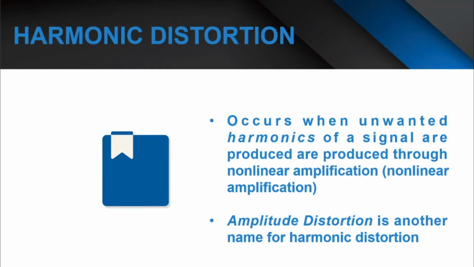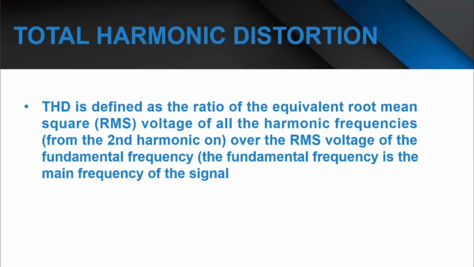Harmonic distortion. Harmonic distortion occurs when unwanted harmonics of a signal are produced through nonlinear amplification. Amplitude distortion is another name for harmonic distortion. Now we have the total harmonic distortion.